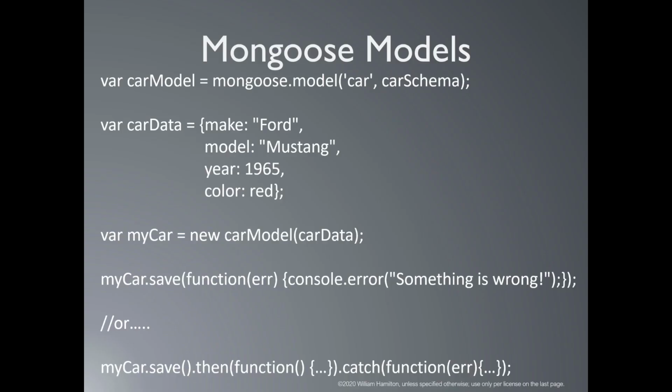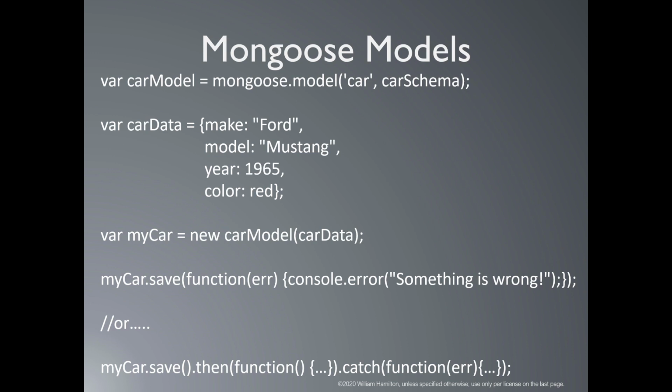We can instantiate the model with some of our data, which then gives us a document. That document does not yet exist in the database, it just exists on the server. To actually save it in the database, we have to call .save.